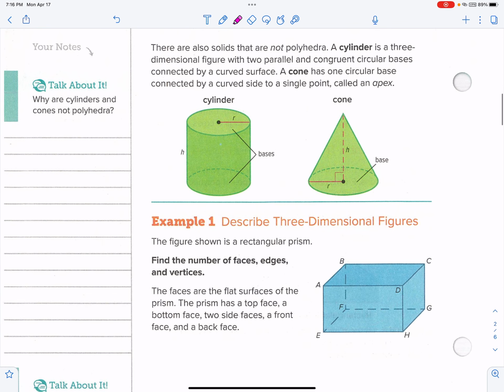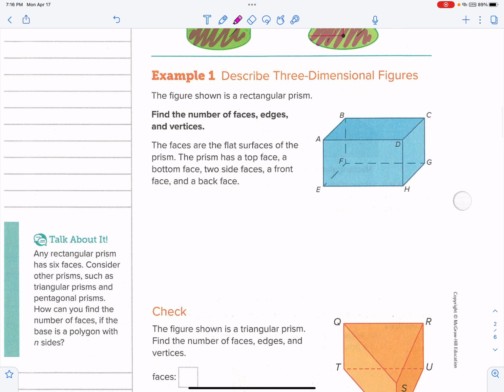Two solids that are not polyhedra are the cylinder and a cone, because they have their base, but they don't have polygons as their sides. Your cylinder has this top and bottom base, and your cone has a circular base, and then instead of a vertex, they call this an apex.